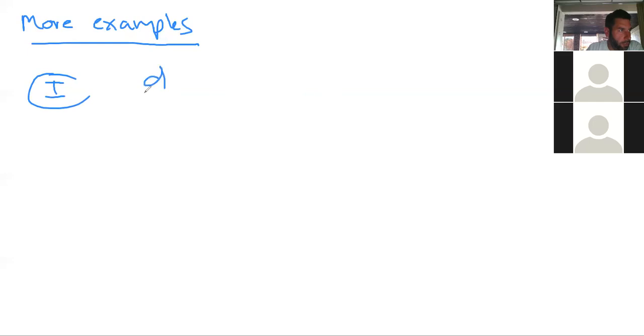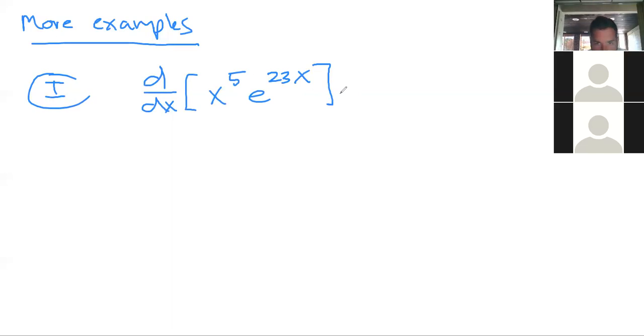Suppose I want to differentiate x to the 5th times e to the 23x. Before I do anything, I have to think about what kind of function I am differentiating.